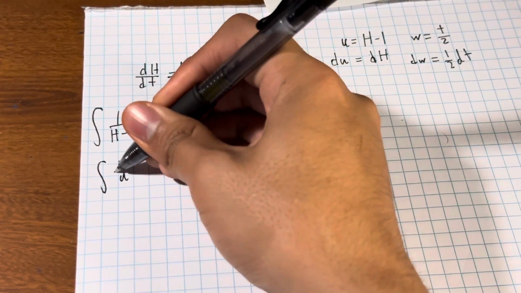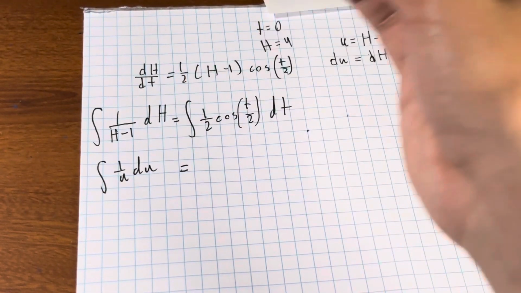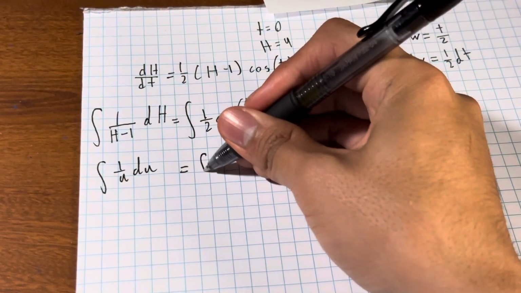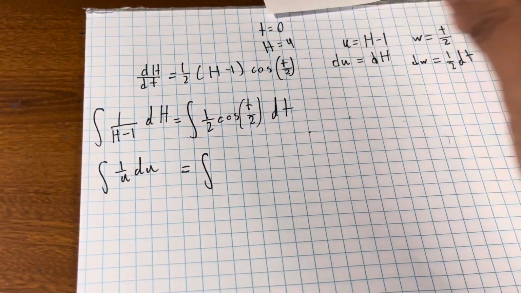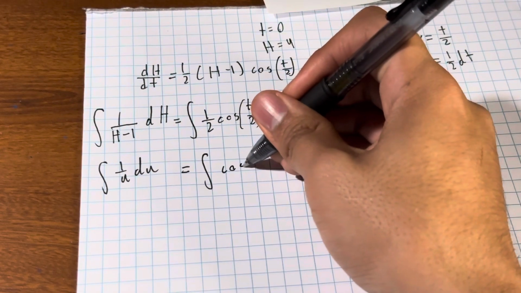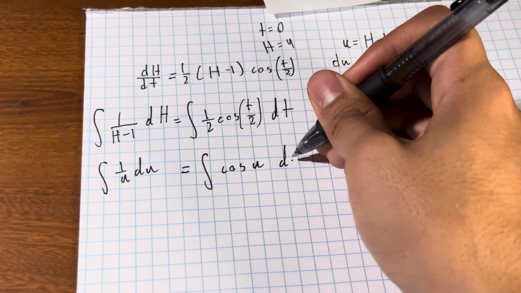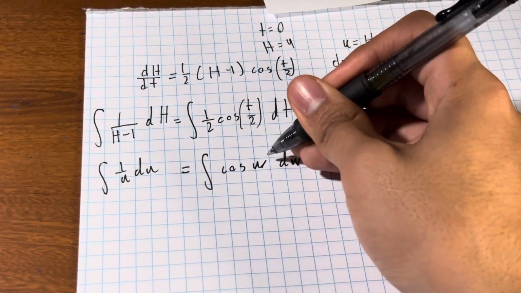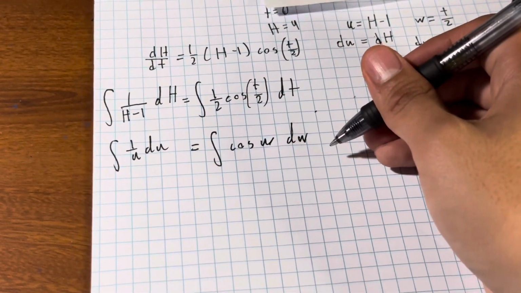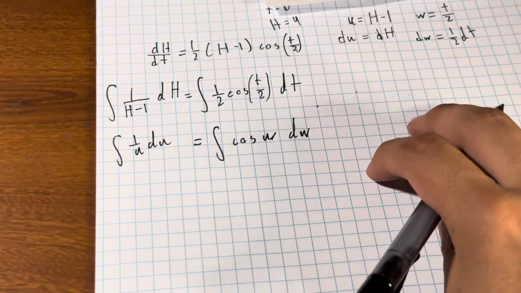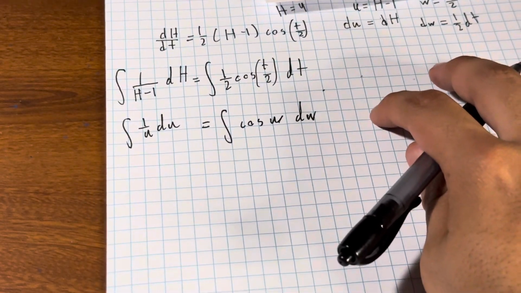So 1 over u du. And then for this one, you get rid of the 1/2 and the dt, and then substitute cosine of w dw. Whoops, not du, dw. Even I get confused on that a lot, but I usually fix it on my own.